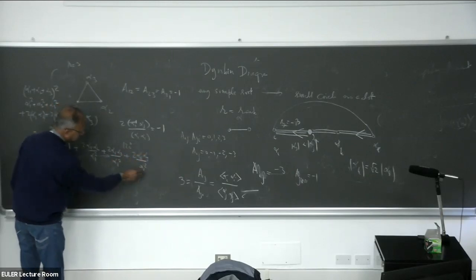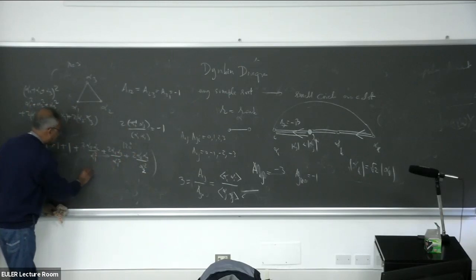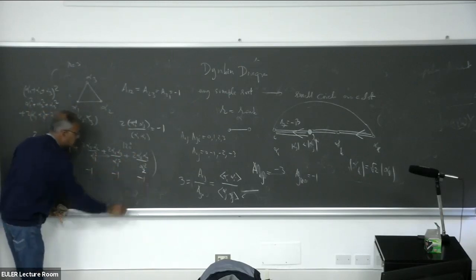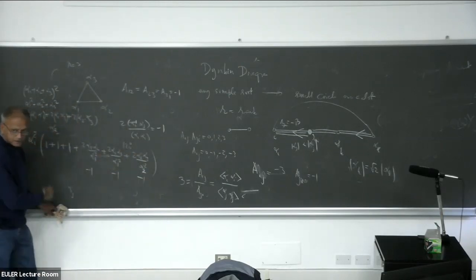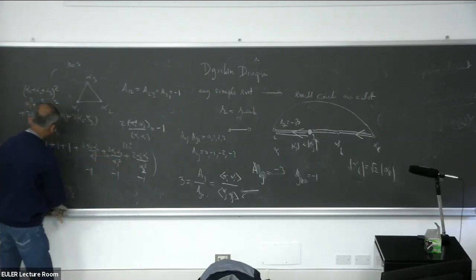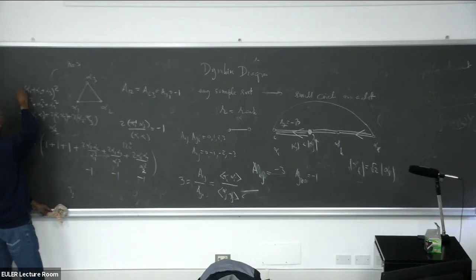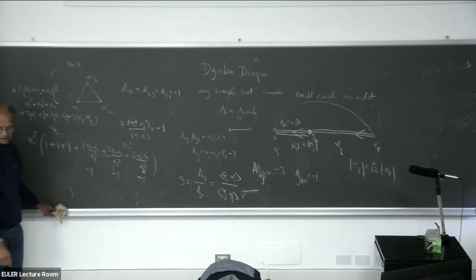But alpha 1 squared is the same as alpha 2 squared, so I can write it like that. And then these are all minus 1, so it cancels. So this whole thing is 0. So this vector has 0 length, and since the metric is positive definite, that just means that the vector itself is 0.